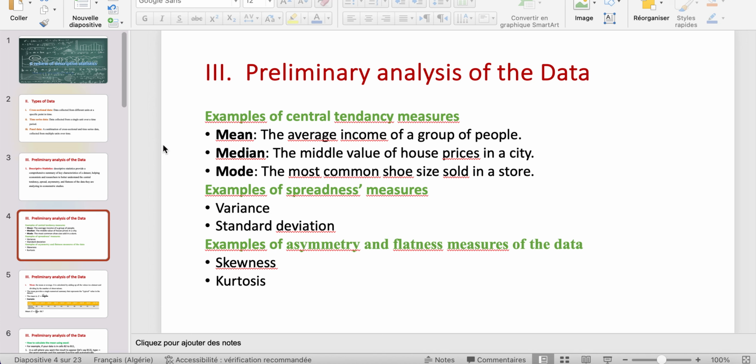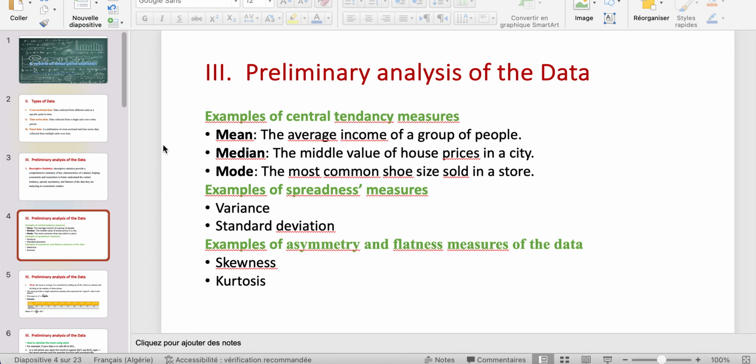So here I explain the different measures of descriptive statistics. The first one is the central tendency measures. We have the mean, median, and the mode. The mean is the average; we can call the mean the average.